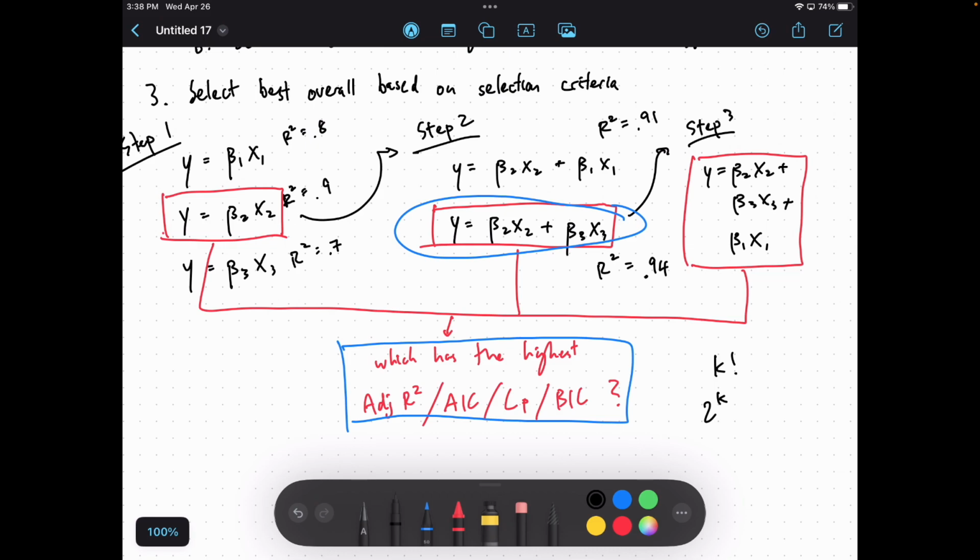What's 2 to the 10th? It's a big number. Yeah, right? So this scales linearly-ish. This scales extremely exponentially.